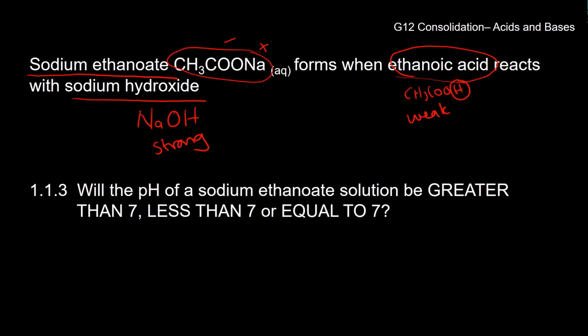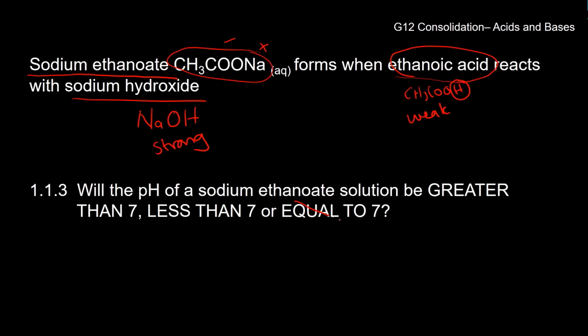Well, we know that we have a weak acid and a strong base. There's no way that our pH can be 7. Why? Because to get a pH of 7, we need a strong acid and a strong base. And then the resulting salt is going to be a neutral salt. Our solution will be neutral. So we're going to have to cross that one out. That one's not going to work.